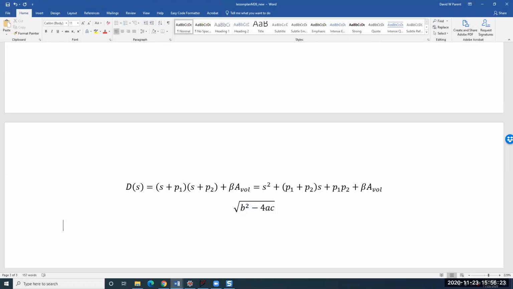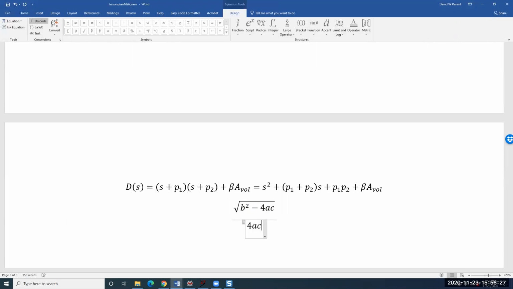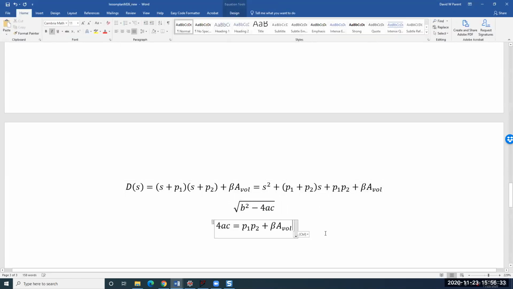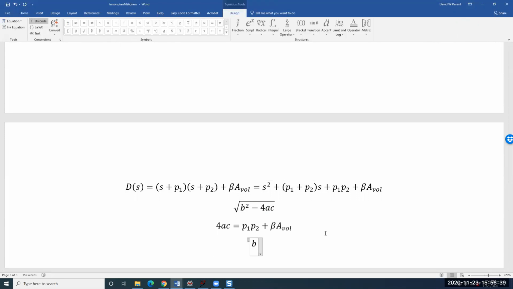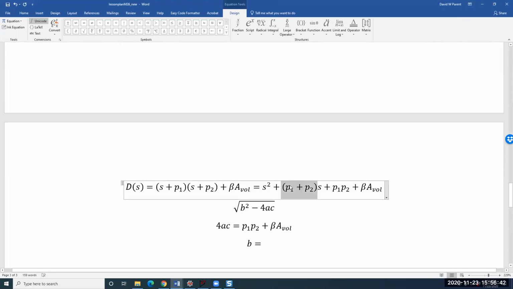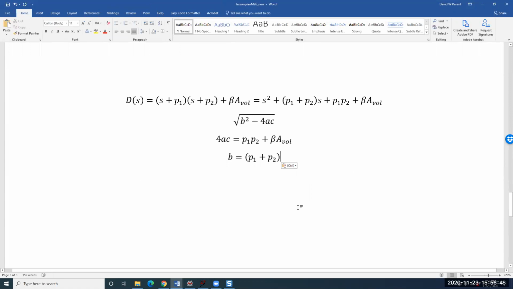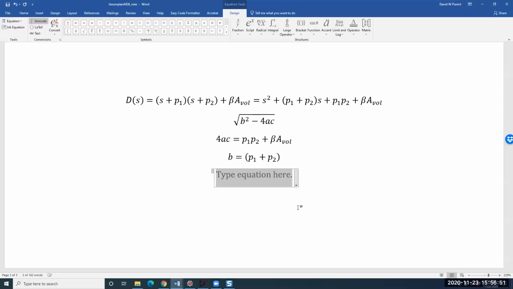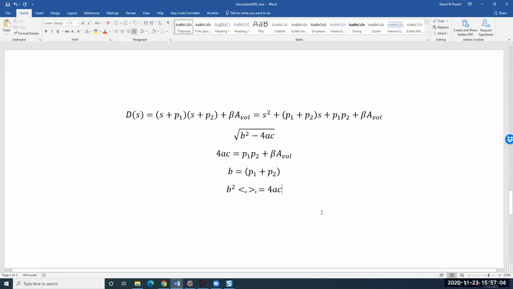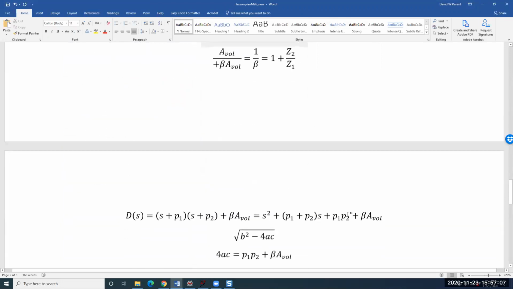And so for A, C equals those two things, and B equals that, and then you would just calculate out. Okay, that's the full blown solution.